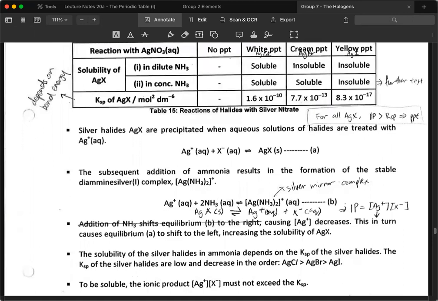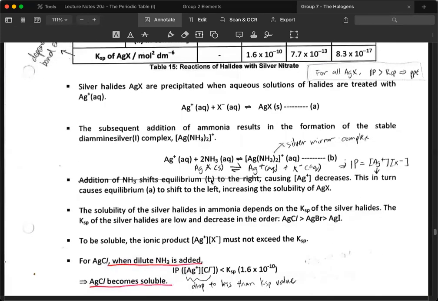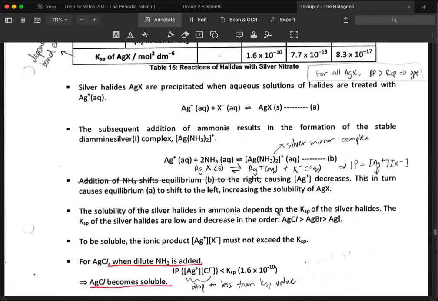So this is the silver diammine complex. Addition of ammonia will shift the equilibrium to the right. So when you add more ammonia, it shifts to the right, and this decreases the Ag+ concentration. This in turn will shift equilibrium A to the left to increase the solubility of the AgX, so less of the AgX solid. The solubility of the silver halide in ammonia depends on the Ksp.